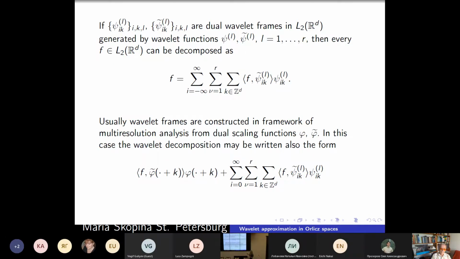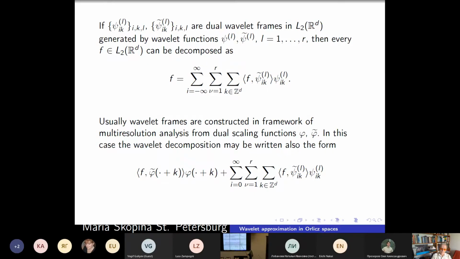Next, I want to say that wavelet frames usually do not fall from the sky. They are constructed. There is a method of construction, and those who are familiar with wavelet theory know that this method is based on so-called multiresolution analysis.